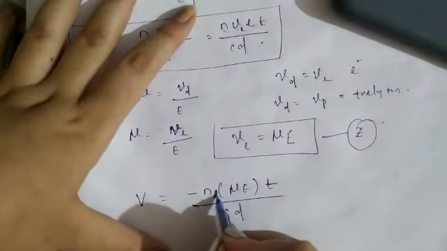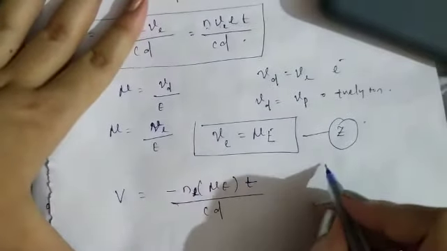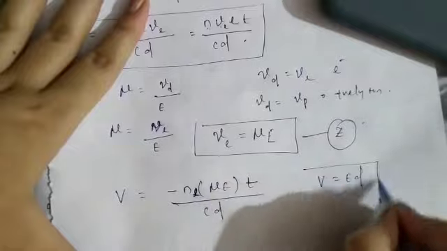Then we know V is equal to Ed, using equation 1. Equation 1: V is equal to Ed.